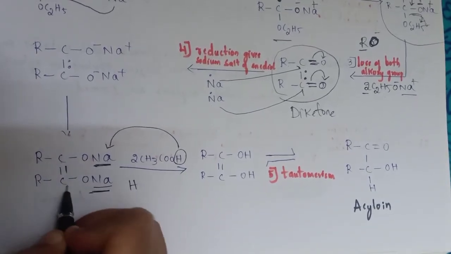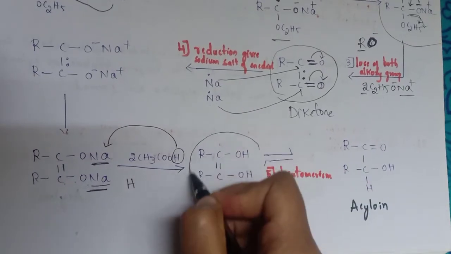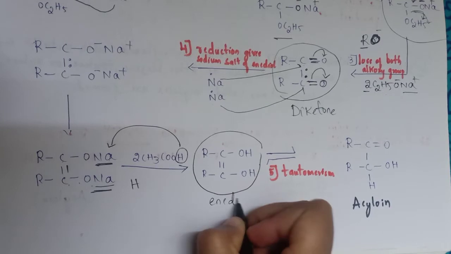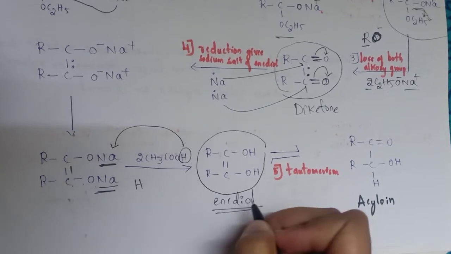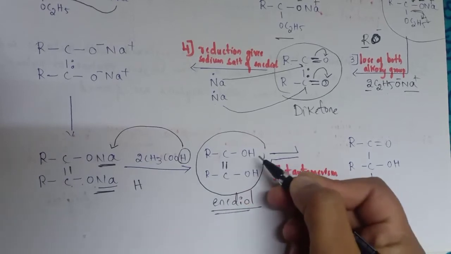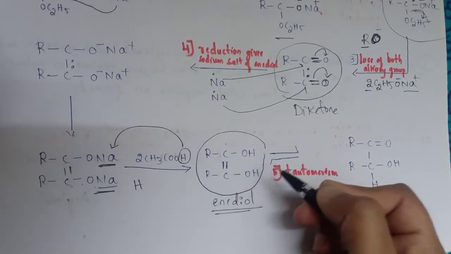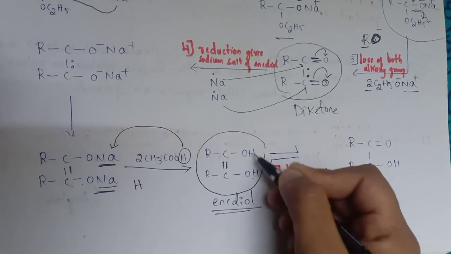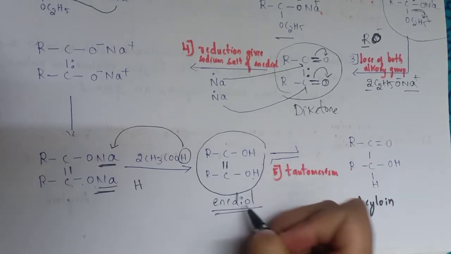RCOH. The product we have got is an enediol. Why is it enediol? Here is an alkene, so it is ene, and two alcohol groups, so diol. One alcohol and a second one. So this is the enediol group.